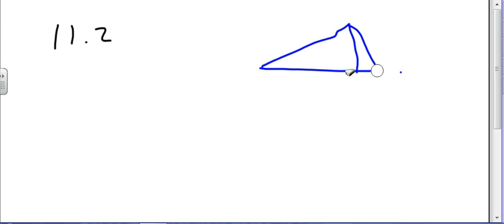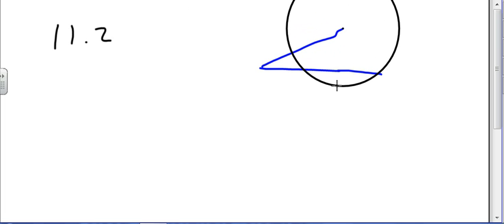But if I knew side B, and I knew side A, and I knew this angle here, A, then it's possible that I could have two different triangles, because that side opposite could swing either way. All right, so that's the issue.